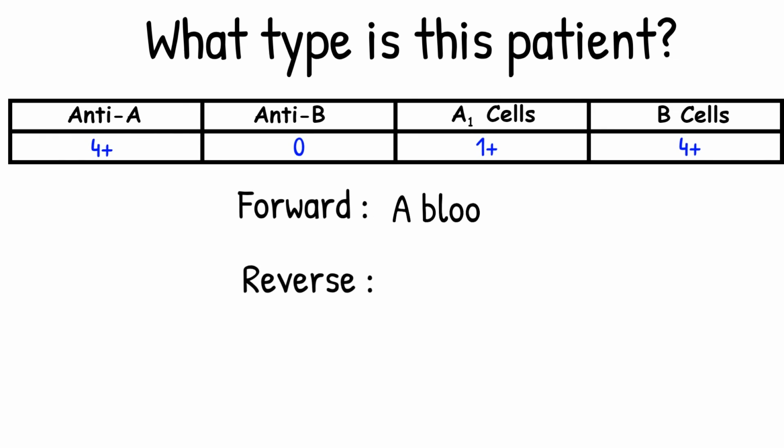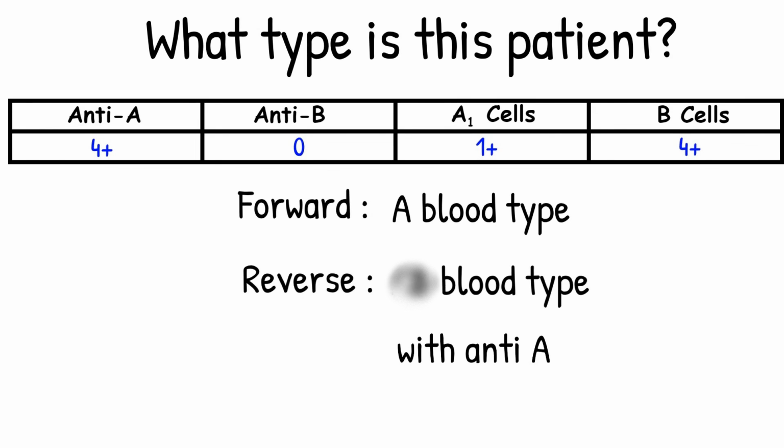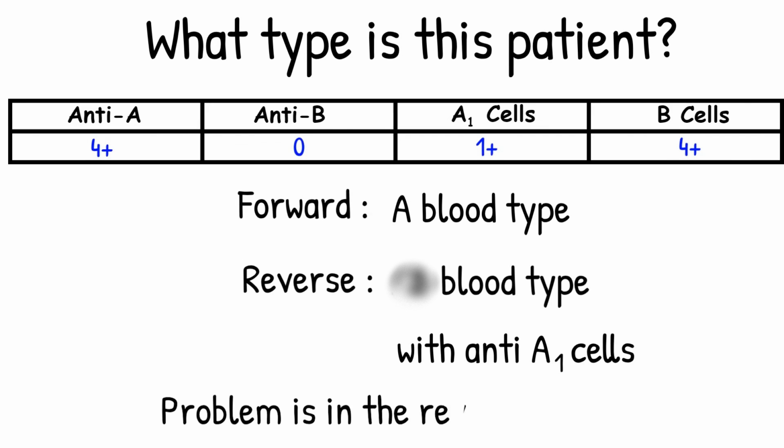The forward gives you type A, and the reverse gives you type AB with a weak reaction in A1 cells. It is more likely to be an unexpected reaction in the reverse typing because the reverse type A1 cell is weaker than all the other reagents.